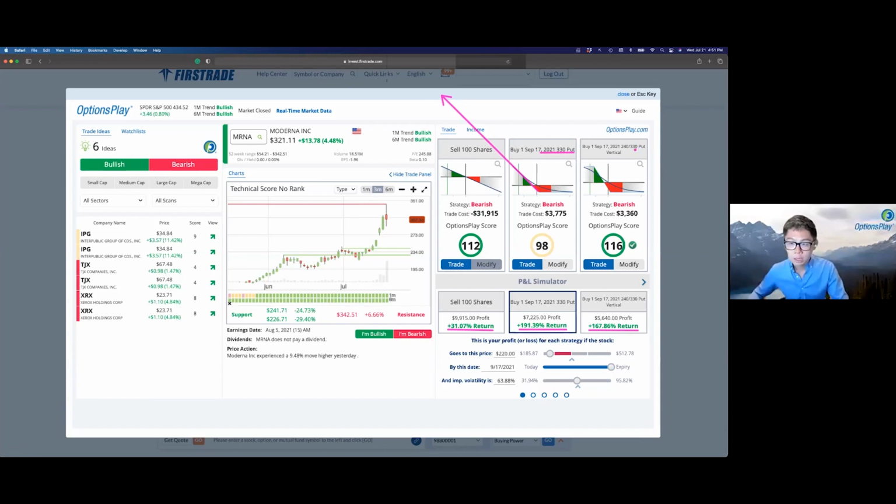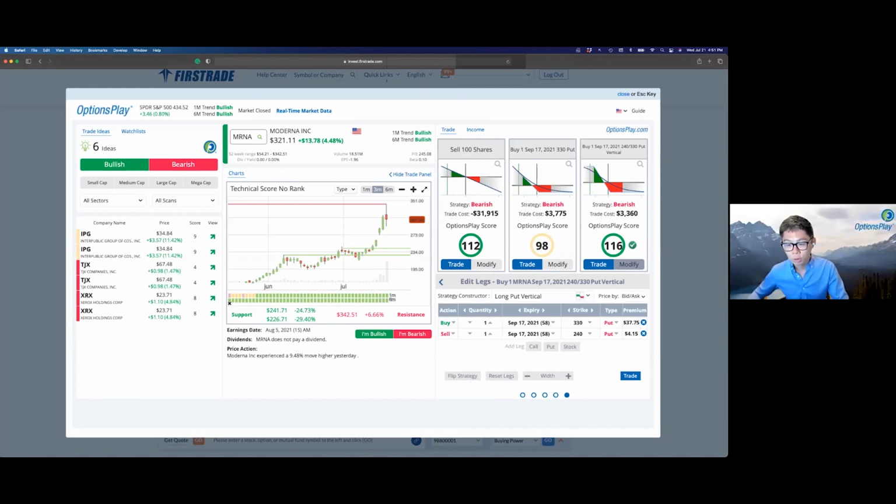If I bought the put spread, here I bought the 330 put, but then I sold the 240 put against it. So I bought the 330 put for the 37.75. That's the same price as this. But then I sold the 240 puts against it to collect $4.15.